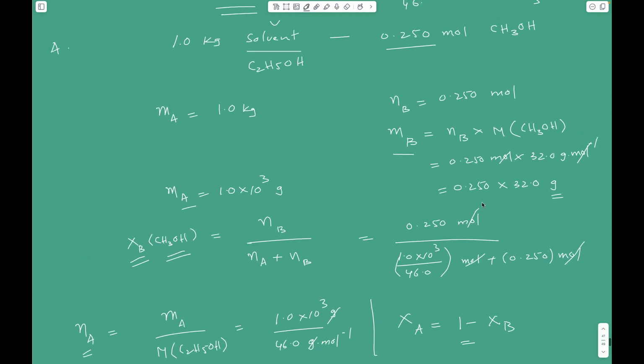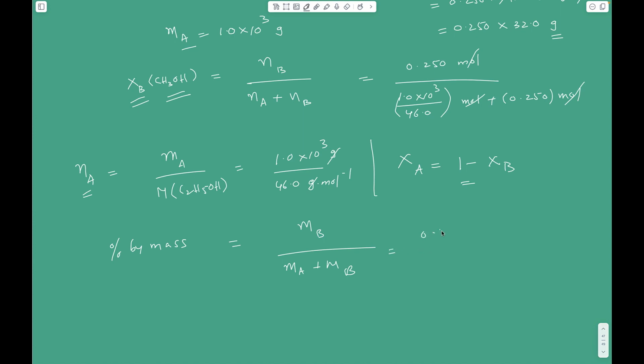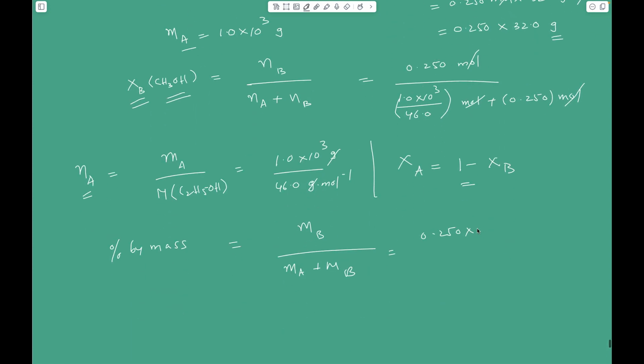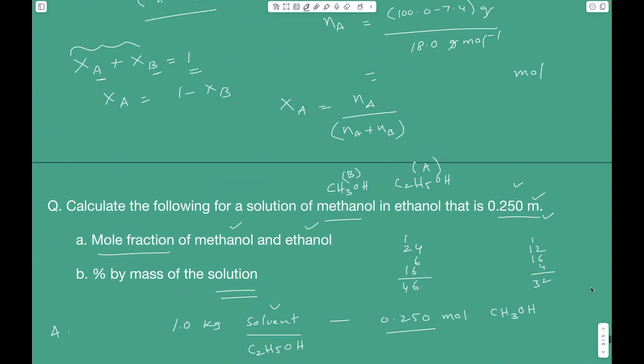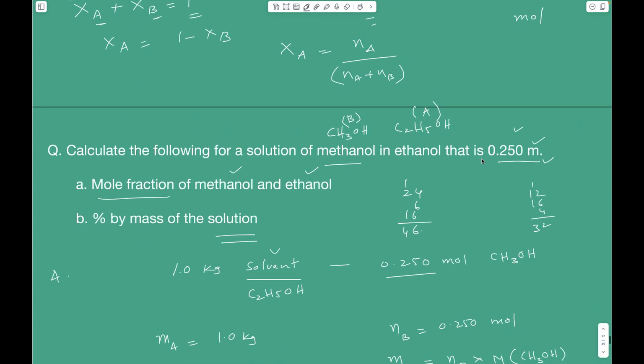You know the value of MB, that is 0.250 into 32 grams, over MA, which is 1.0 into 10 to the power of 3 grams, plus again 0.250 into 32 grams. They get cancelled, and simplify this to get again the percentage by mass. And this is also a dimensionless number. So that is how you can convert these concentration terms.